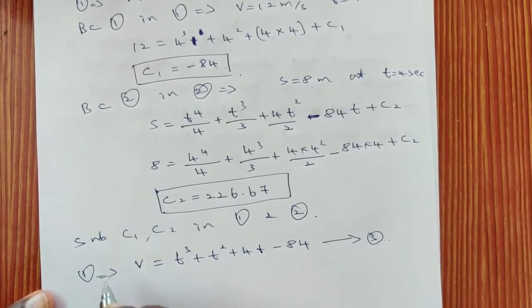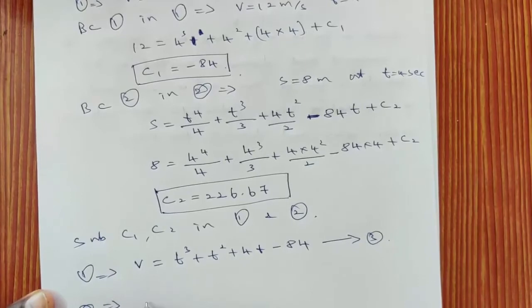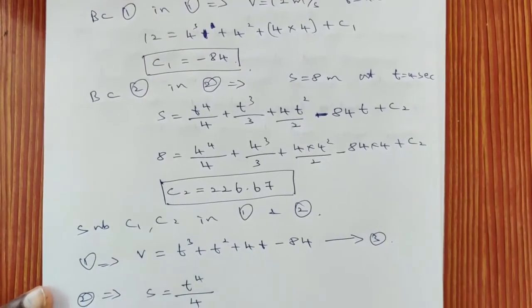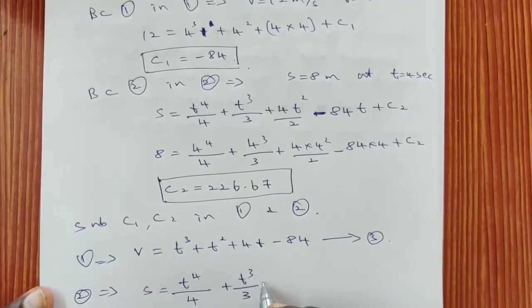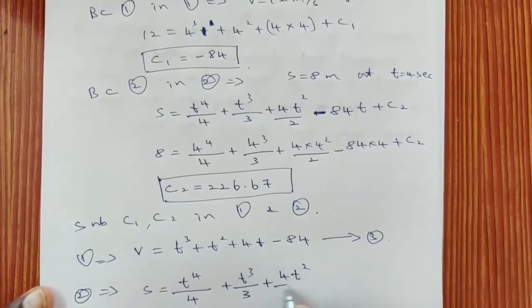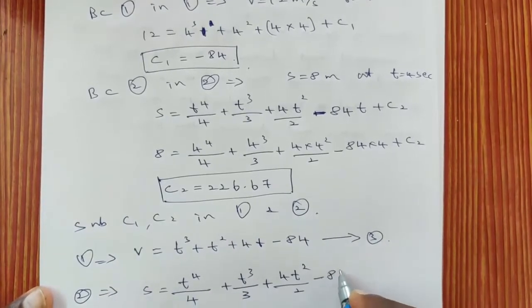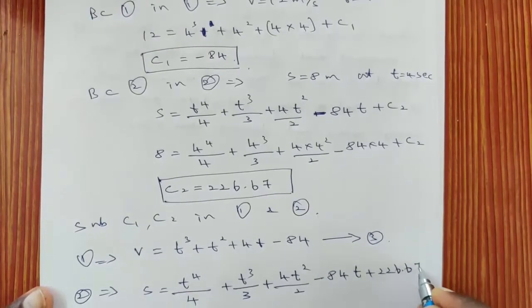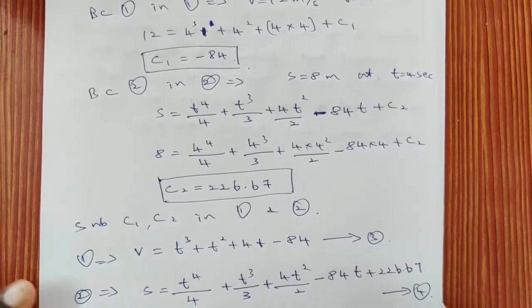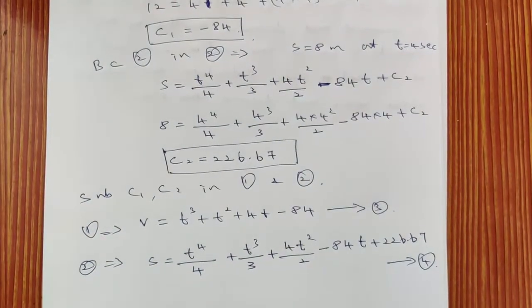Now equation 2 becomes S is equal to t power 4 by 4 plus t cube by 3 plus 4t square by 2 minus 84t plus 226.67. Keep this as equation number 4. So here the third and fourth are the equations for velocity and displacement.